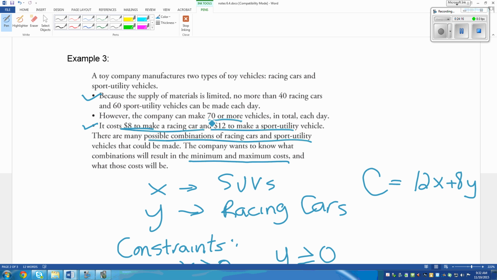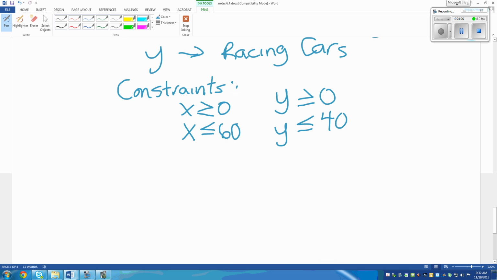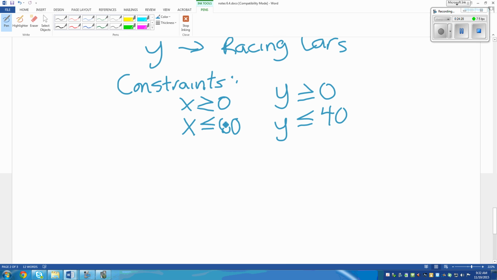They have to be greater than 70, right? Or equal to. So what would I write as my last inequality or my last constraint, Dylan? Sebastian. The number of sport utility vehicles and racing cars has to be greater than or equal to 70.